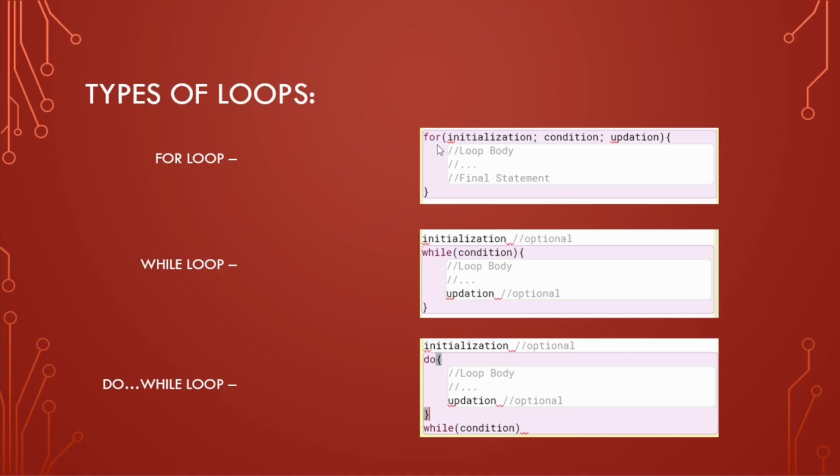In the for loop, we have parentheses, which has the initialization, the condition, and the update statement. And of course, we have the loop body, which is contained within curly brackets. Just remember that.